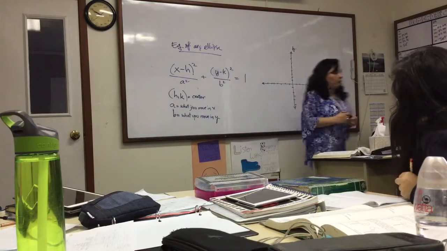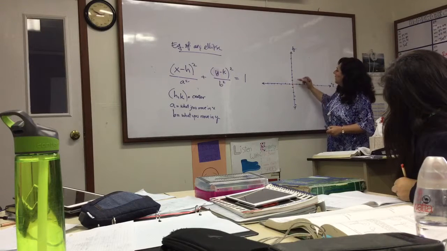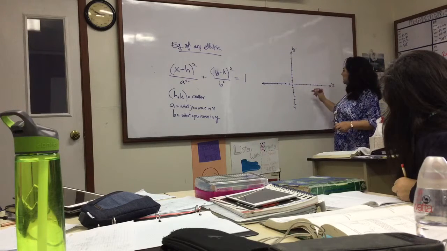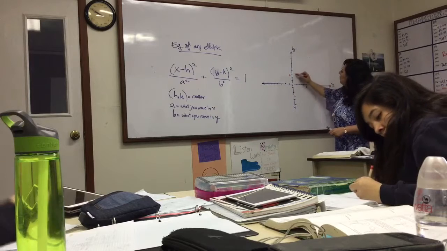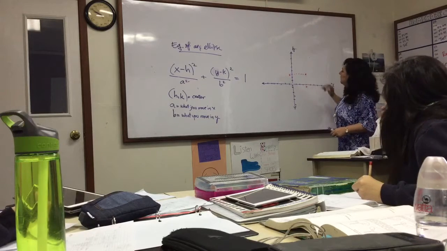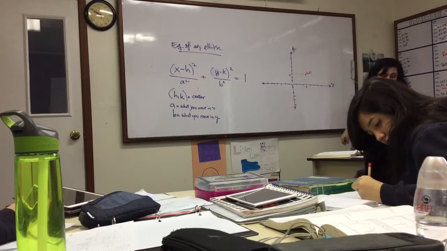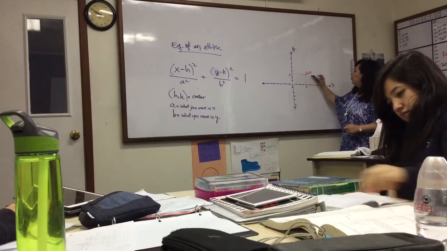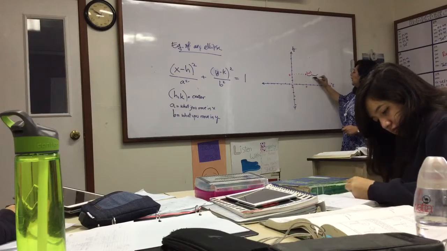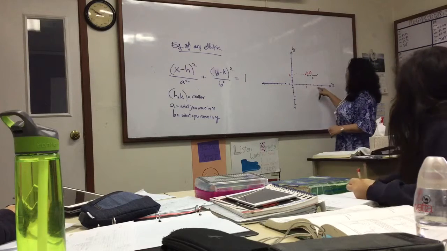Okay? So, if this is my H comma K, I'm going to start it here. Let's say that this is H and this is K. So I'm going to be here. This is where I begin, right? That's my H comma K. And then it tells me to move A in X. So I'm going to move, let's say that all of this is A, and I move it to both sides. 1, 2, 3, 1, 2.